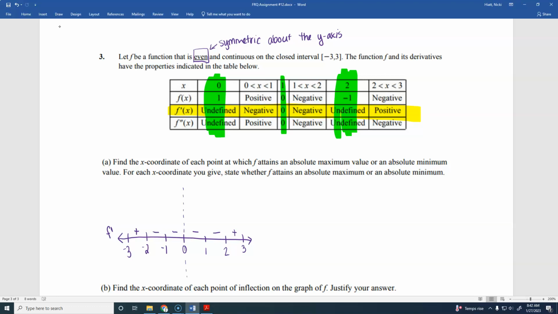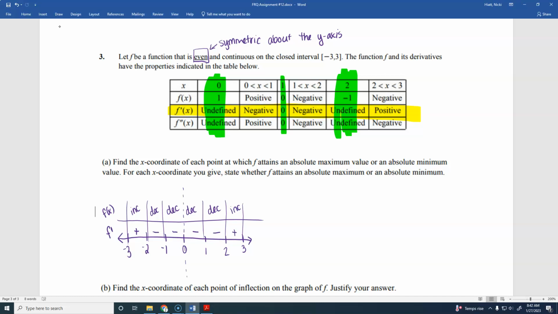So let's think about what this tells us about f of x. If we're looking at this, it tells us here that we'll be increasing, decreasing, decreasing, decreasing, decreasing, increasing.